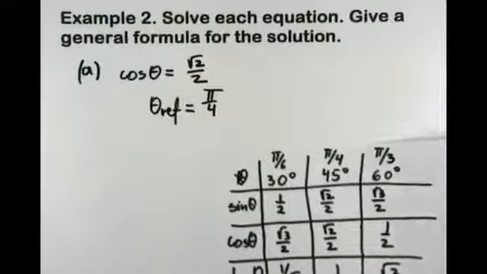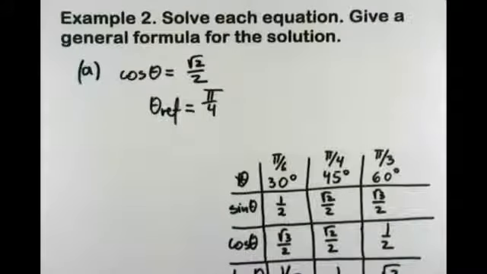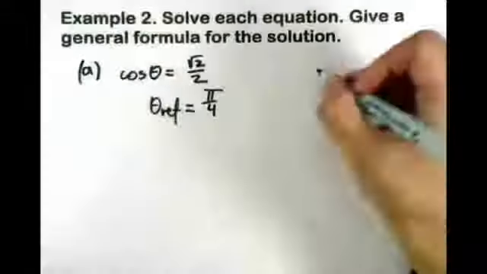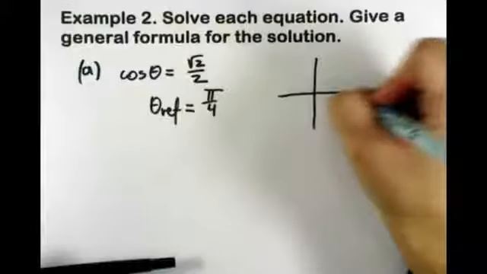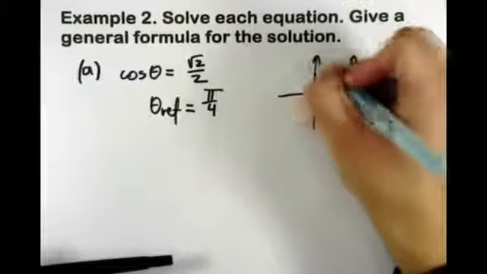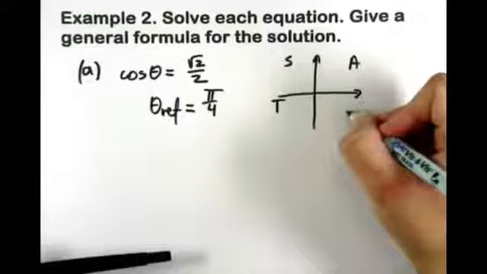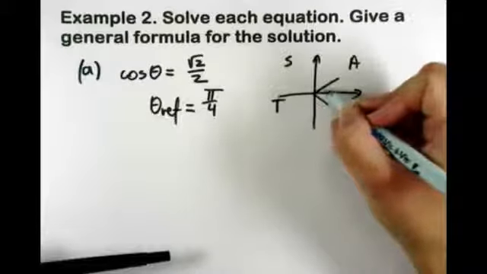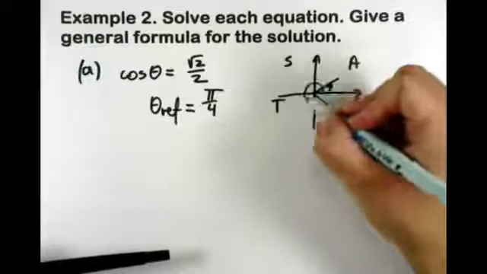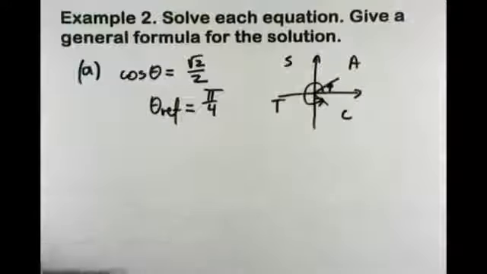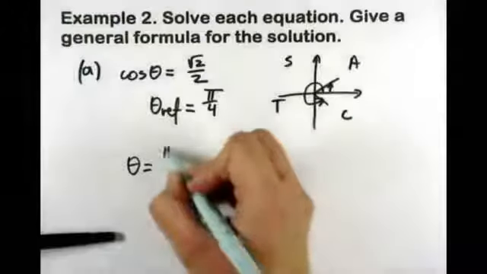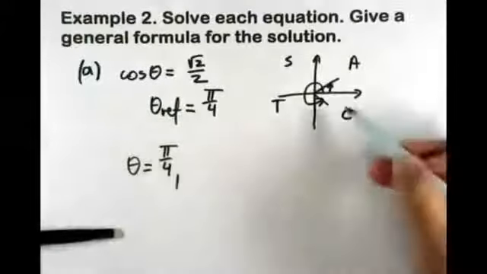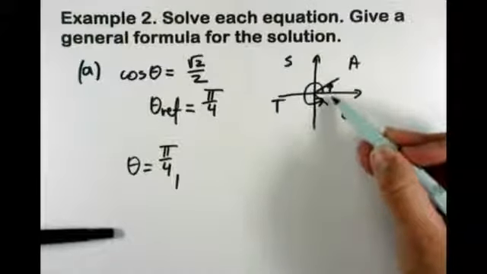Now I'm finding where my cos theta is positive. I need to draw the quadrants. Cos is positive in the first and in the fourth, so I'm looking for this angle and this angle. So my theta is equal to pi over 4, and the second one is short of pi over 4.